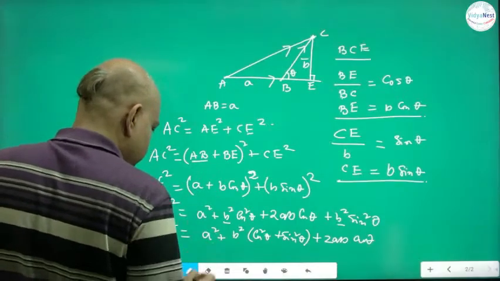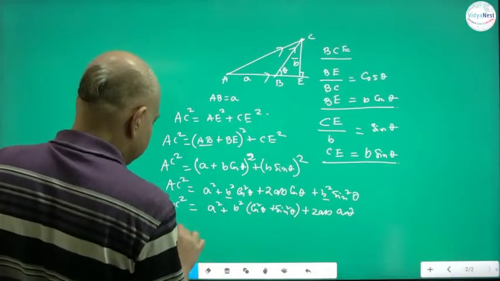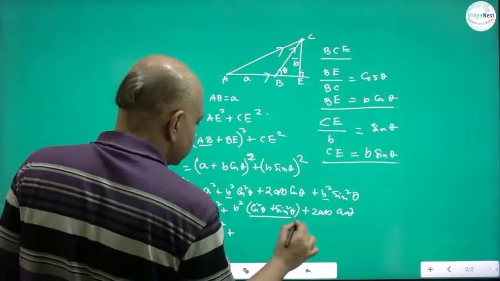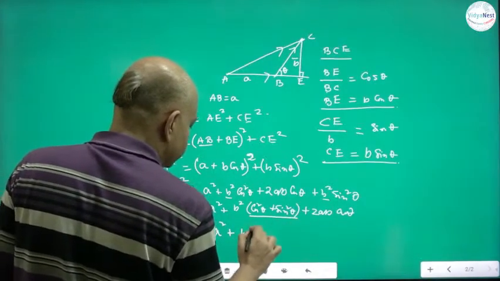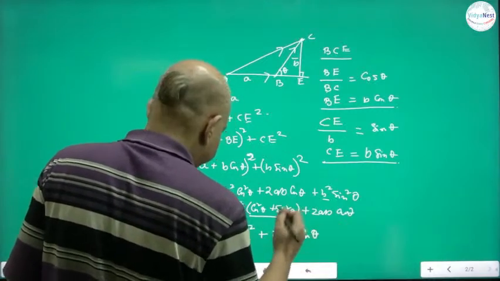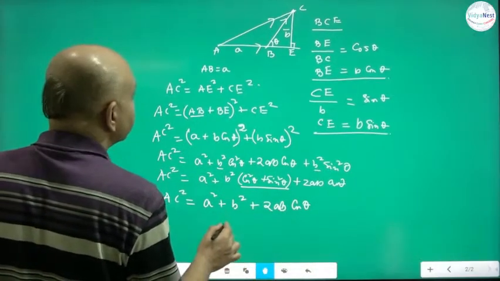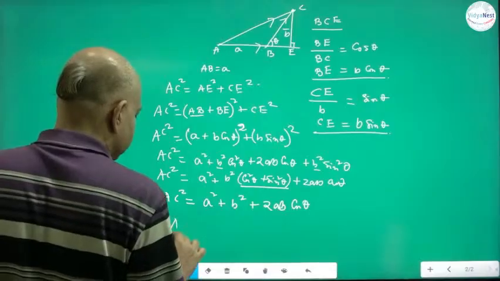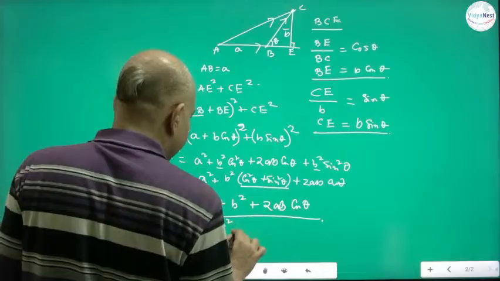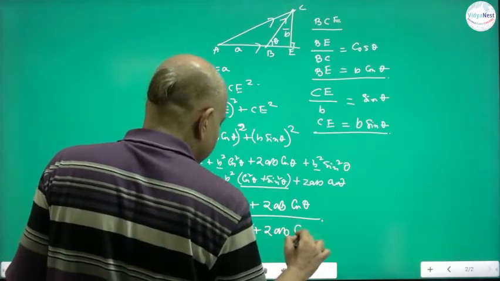So now AC square, finally I can write A square plus B square, since cos square theta plus sin square theta is 1, plus 2AB cos theta. So AC is equal to root over of A square plus B square plus 2AB cos theta.